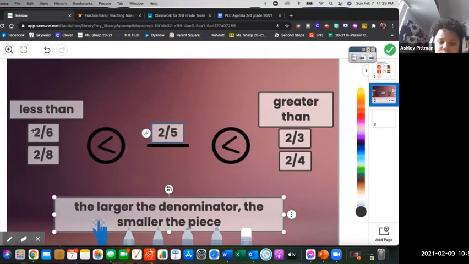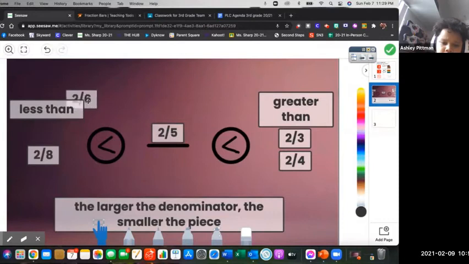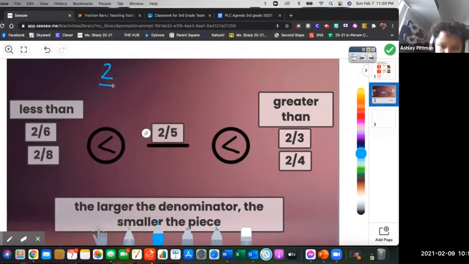I could take this and I could make several different statements. I could say that 2/6 is less than 2/5. I could also write another comparison statement.